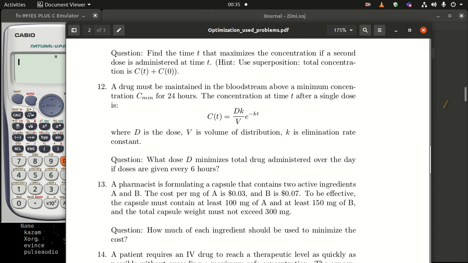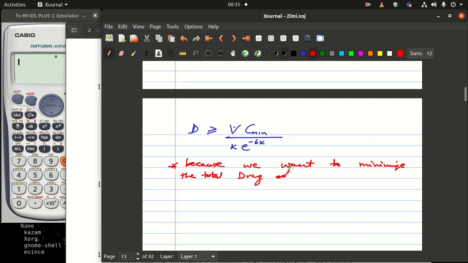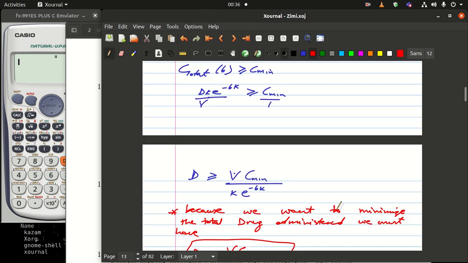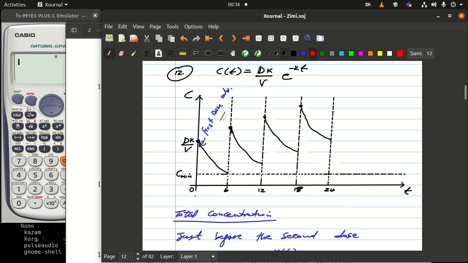Total drug administered, we must have our D not bigger but equal to V times C min all over K e raised to minus 6K. That is the first condition for only dose number 1, or the first dose here.